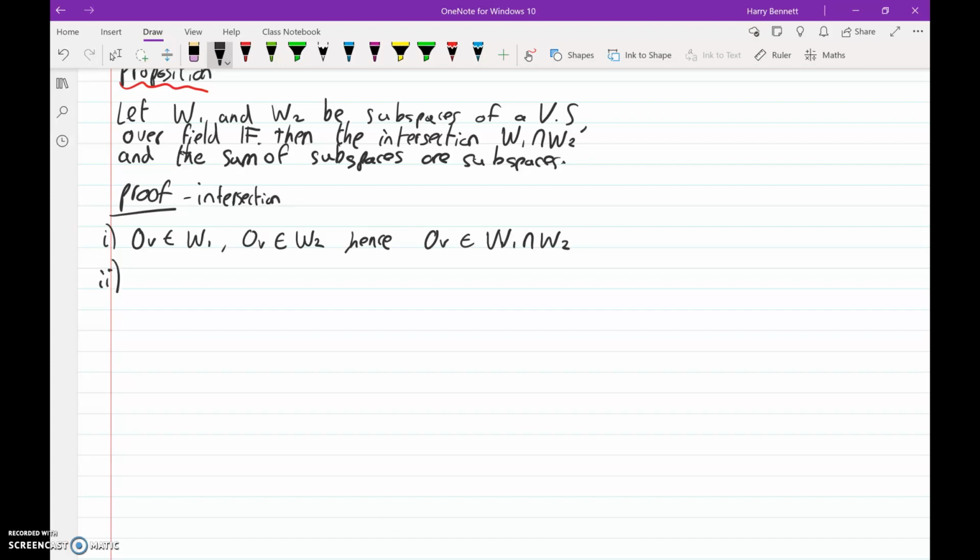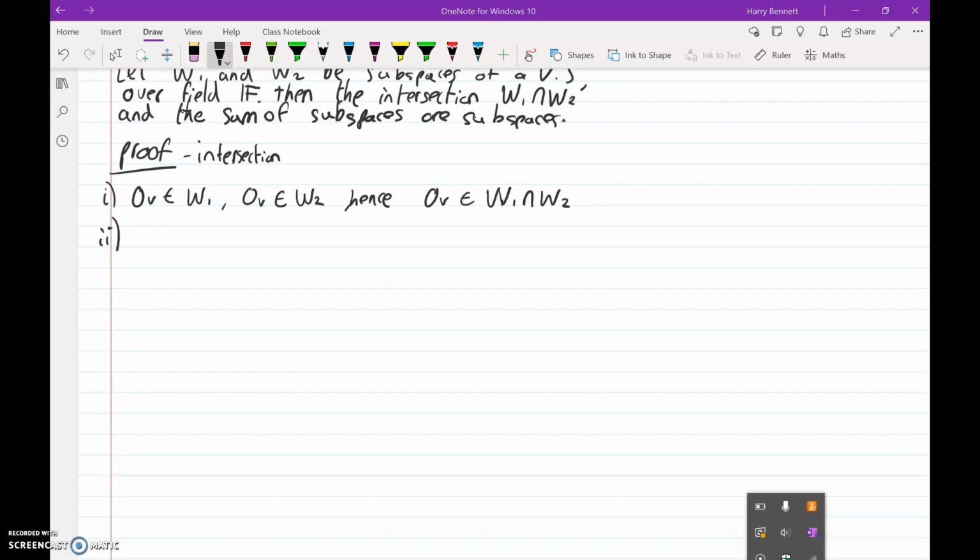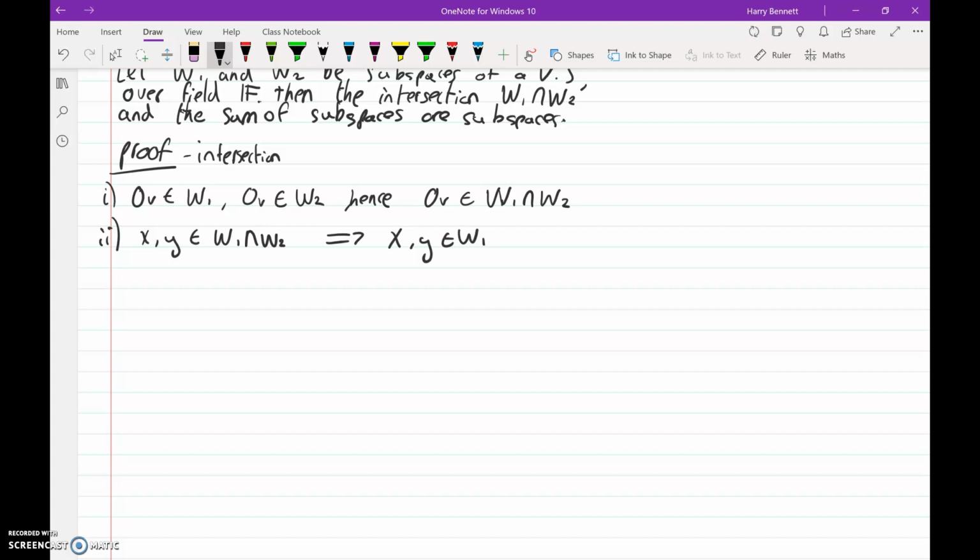Secondly, if we take any x and y in W1 and W2, then this tells us that x and y are in W1 and x and y are in W2.